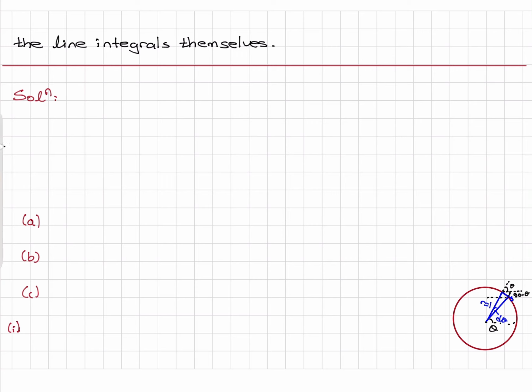We are given a vector V, which is x e_x hat plus y e_y hat.